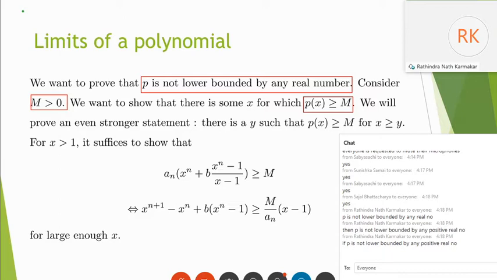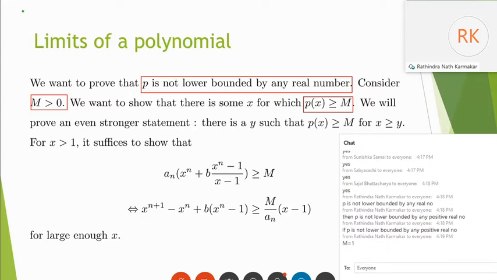Say we choose the positive real number m equal to 1. That means there is an x such that p of x is greater than or equal to 1. But then 1 is greater than 0 and 1 is greater than any negative real number.